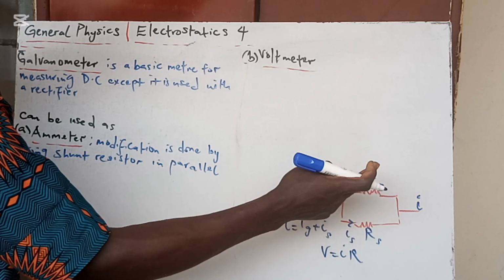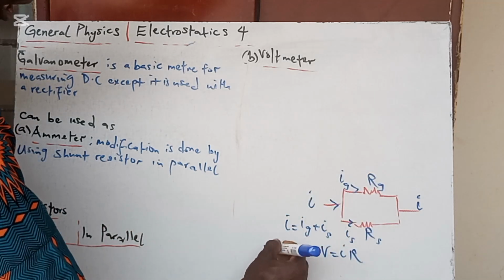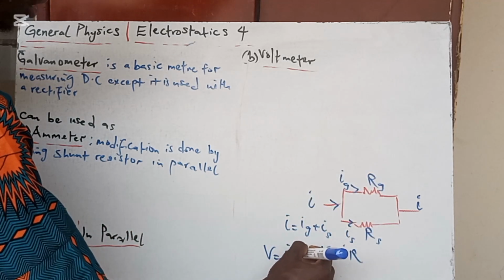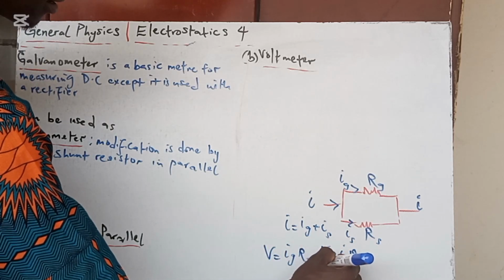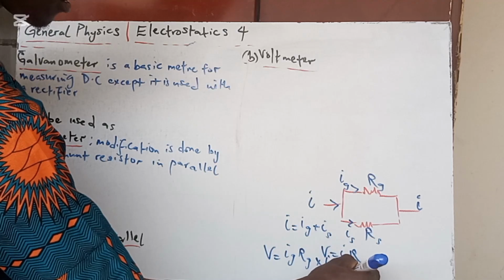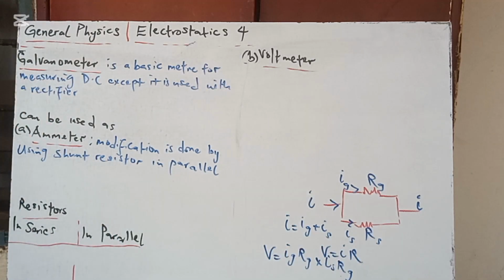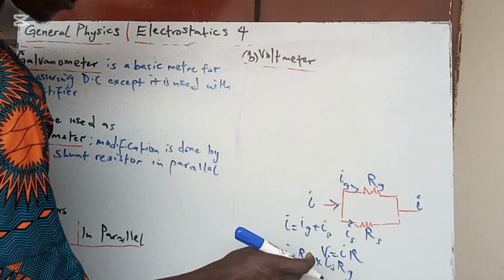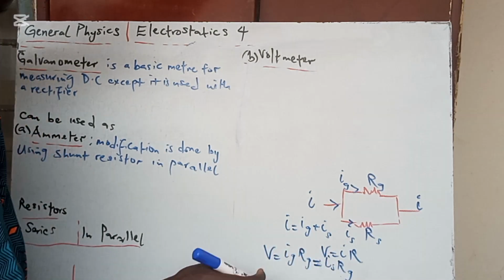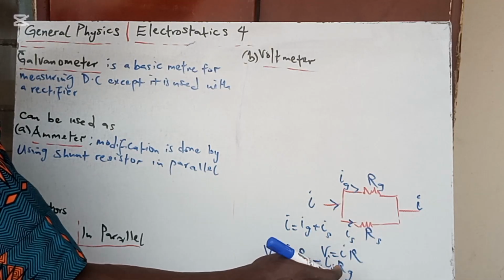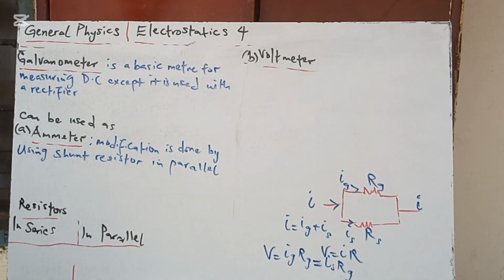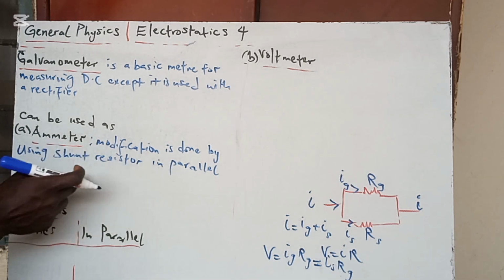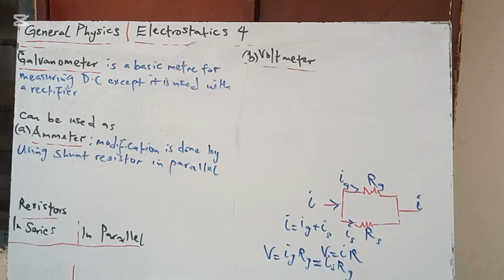So our V will be Ig Rg, which equals Is Rs. So you can use either, and it gives the same value for the current. When you want to use it as an ammeter, you connect a shunt resistor in parallel.